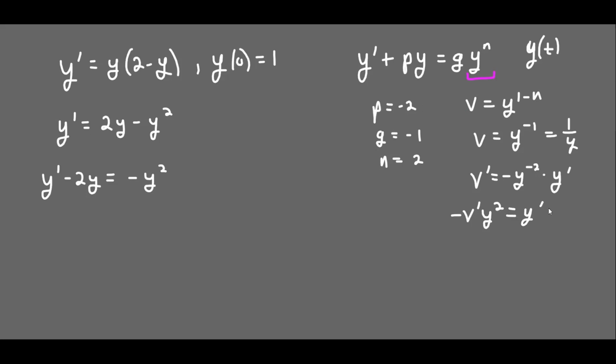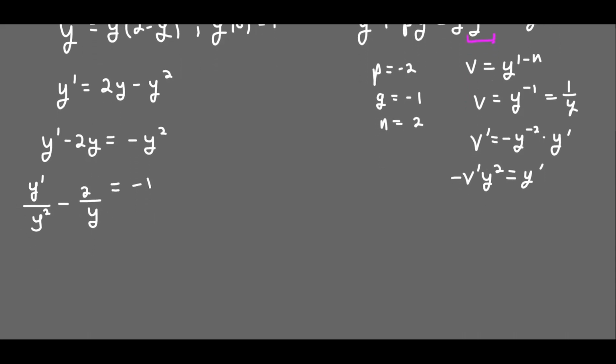All right, so I like to substitute after I divide both sides by y squared. So whatever your y to the n is, go ahead and divide both sides by that once you get this Bernoulli form. So if I divide this by y squared, I get negative 1 on one side. And on the other side, I get y prime over y squared, and then this would be minus 2 over y. One of the y's would cancel from the y squared.